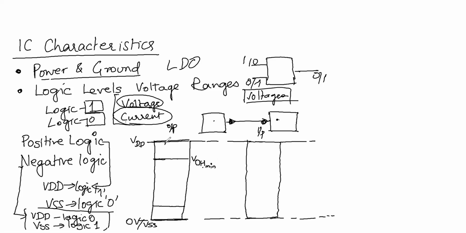So this is the valid logic 1 range. If your voltage lies between this, then it is a valid logic 1 on the output node. Similarly, you have VOL max, output logic low maximum. And this range is the valid logic low range.